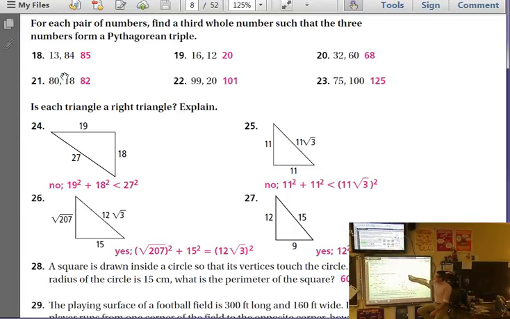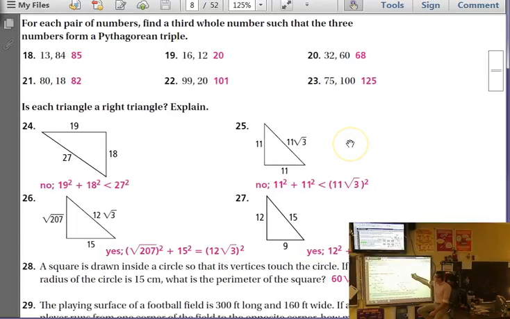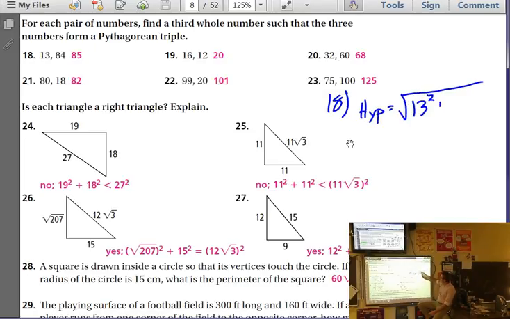So like 18, my 2 options for that would be, if I was looking for a hypotenuse, 13 squared plus 84 squared. 13 squared is 169, but 84 squared gets really bad.